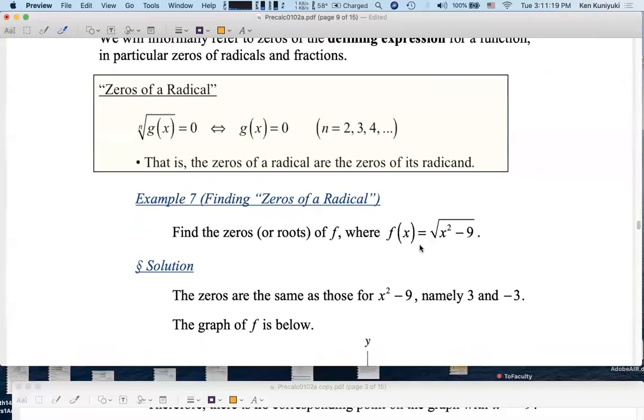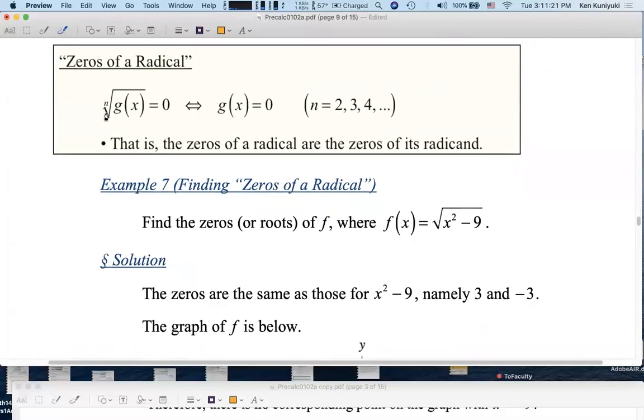Let's say we have radicals involved. So here's the idea. In general, the nth root of g of x equals 0 if and only if g of x, the radicand itself, is 0. So basically, to find the zeros of a radical is quite easy. You can just remove the radical and consider the zeros of the radicand.